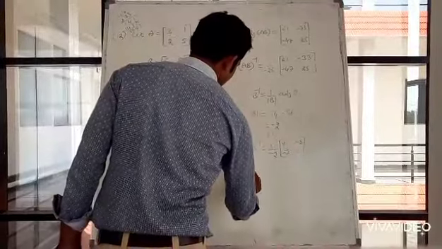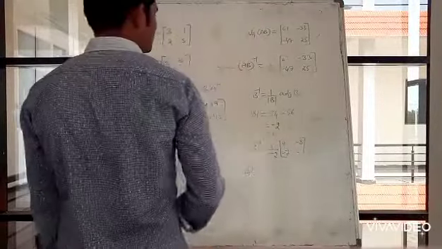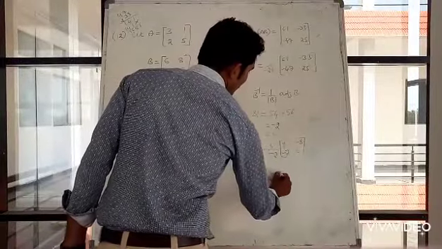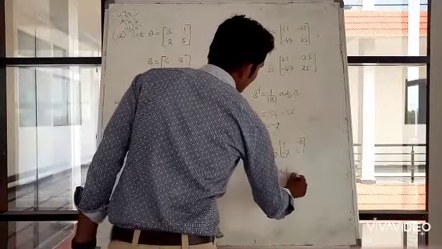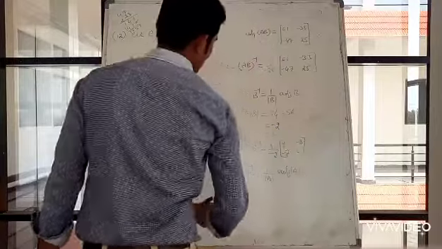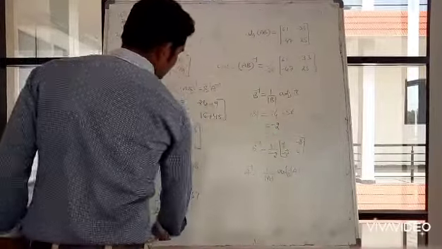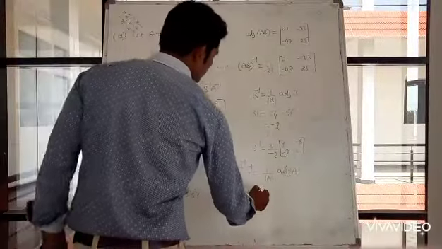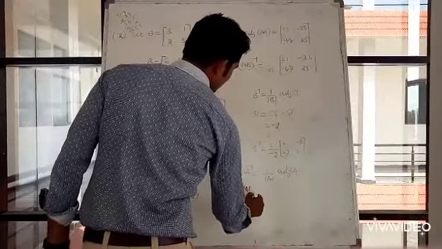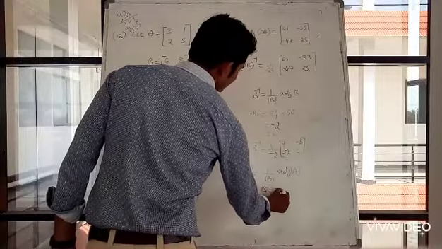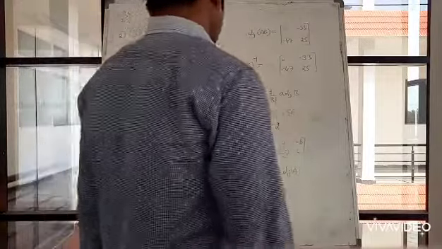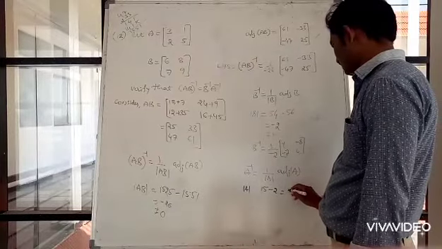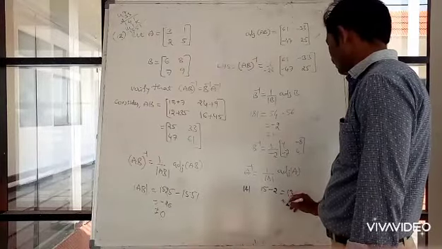Similarly, A inverse is equal to 1 upon determinant of A into adjoint of A. What is determinant of A? 15 minus 2, which is equal to 13, which is not equal to 0.